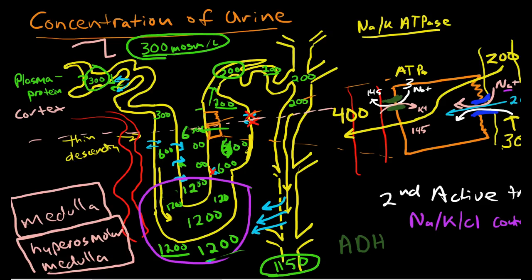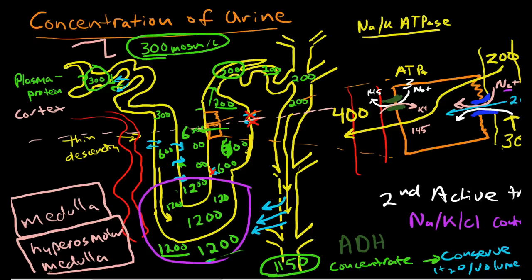So that allows us to concentrate urine, and concentrated urine, what's the advantage? Well, it lets us conserve water and volume. Particularly free water, right? Because we're talking about just water here. This is not electrolytes.